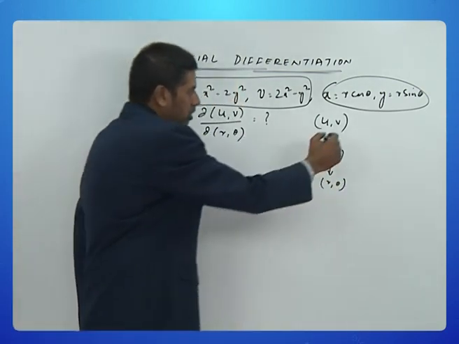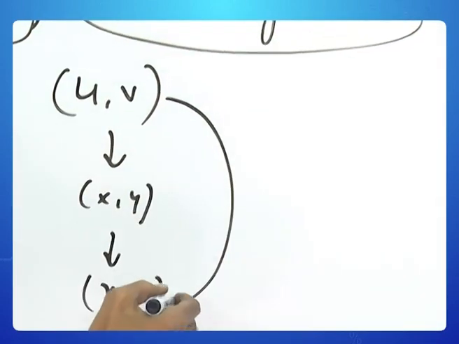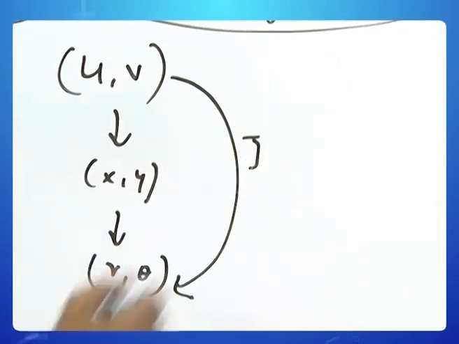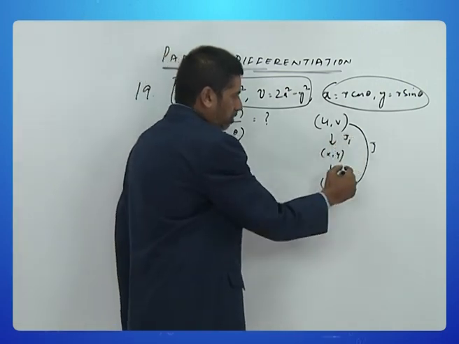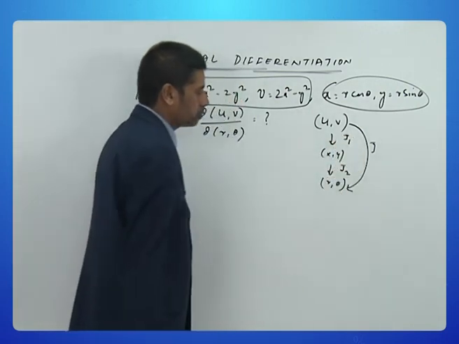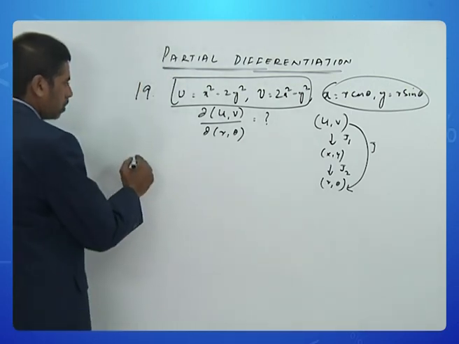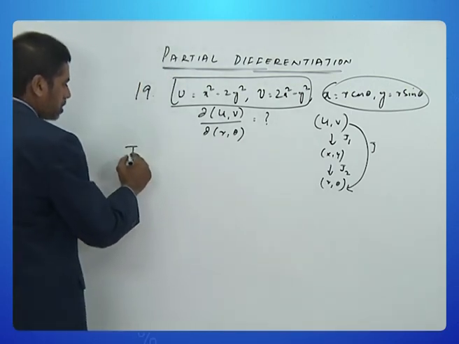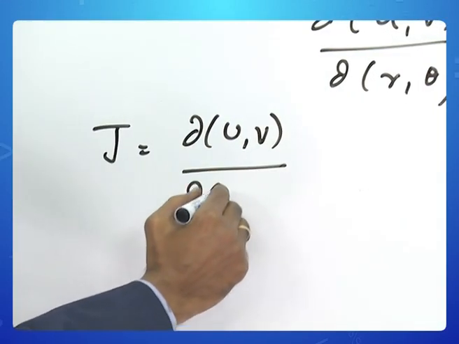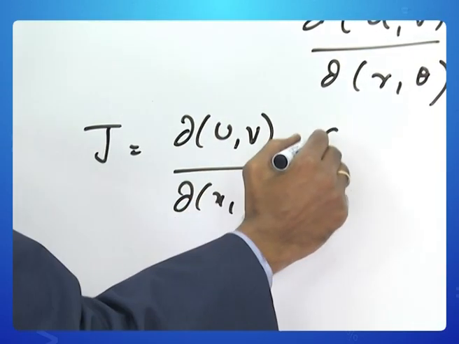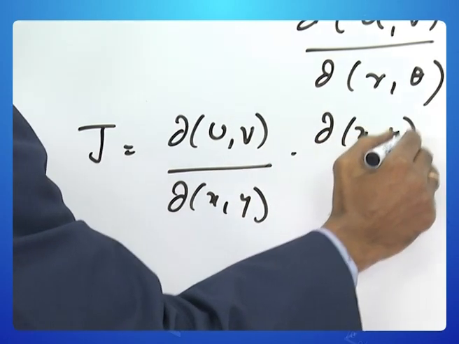So if you want the Jacobian of uv with respect to r and theta, let us say J, that can be the direct product of J1 and J2. So J is equal to ∂(u,v)/∂(x,y) into ∂(x,y)/∂(r,θ).